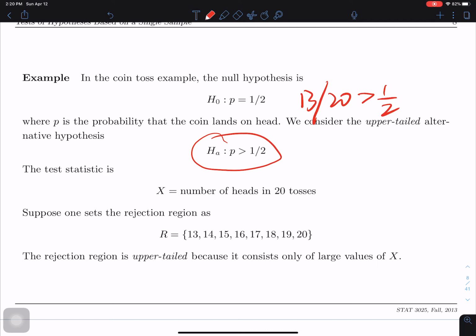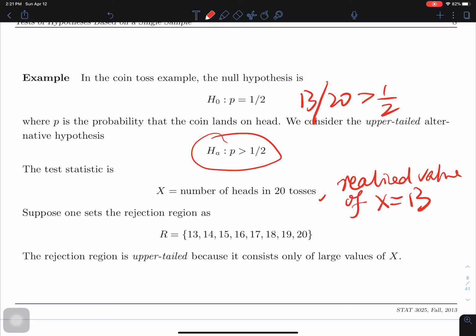And the test statistic is the number of heads in the 20 tosses. So in our situation, a realized value of x will be 13.